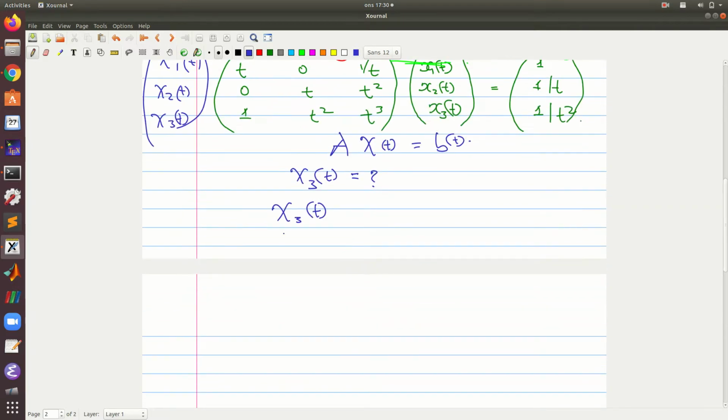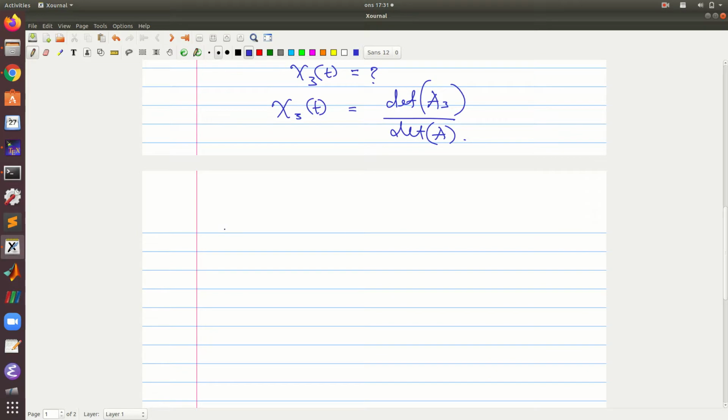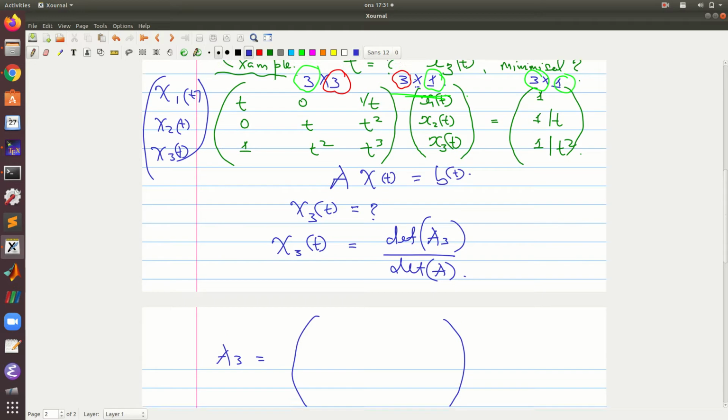And Cramer's rule tells us that to obtain x3 of t, we shall simply say it is going to be the determinant of A3 divided by the determinant of A. And what is A3? A3 is going to be identical to A, but with the third column replaced with b.